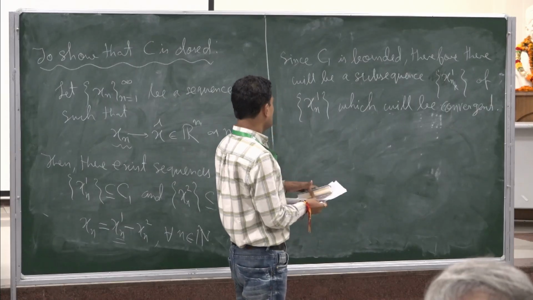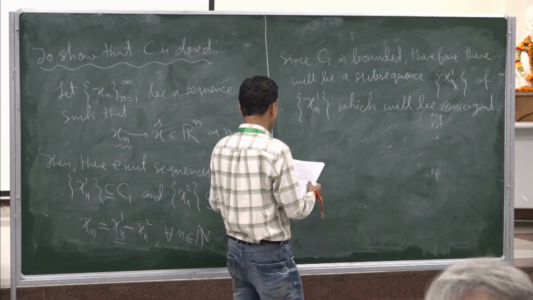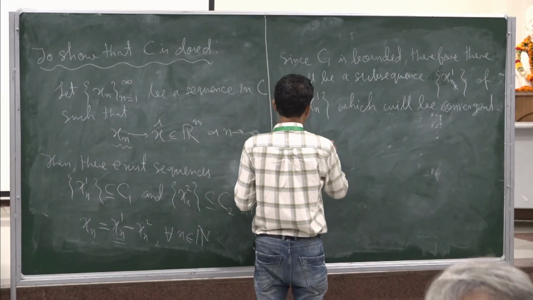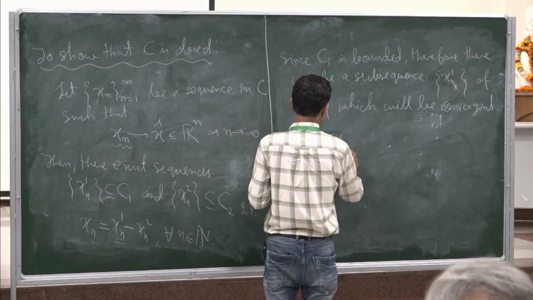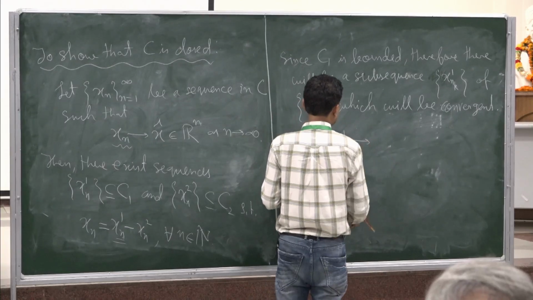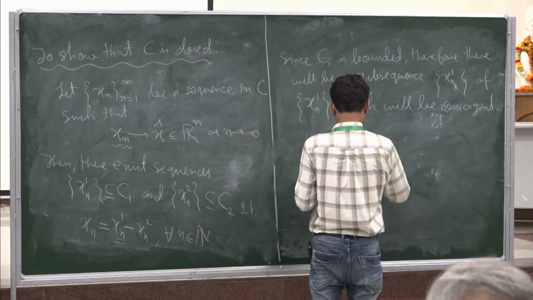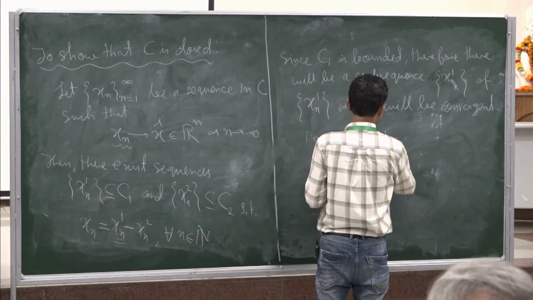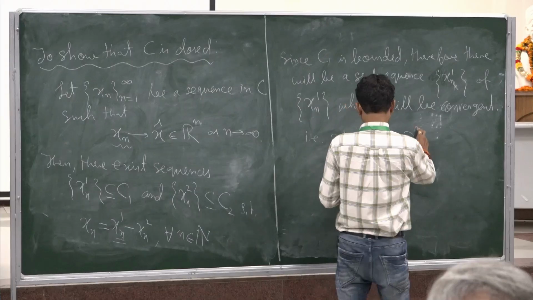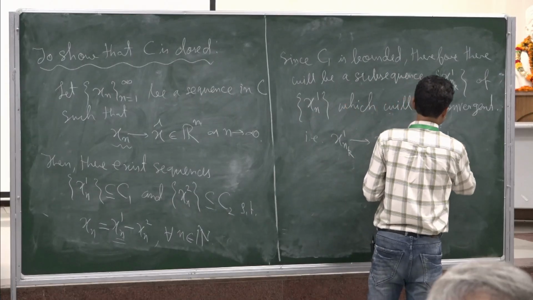So we assume that xnk1 converges to some number x1, say in R, as k tends to infinity.